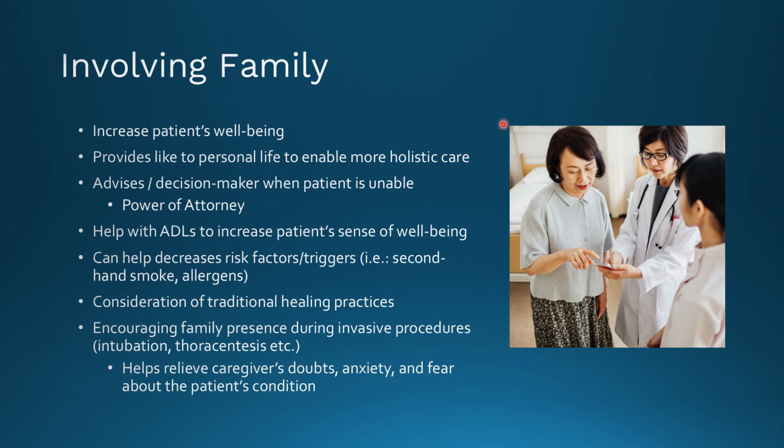So that is when we have something called the power of attorney take over care of that patient. Family may be able to help the patient with ADLs, which increases the patient's sense of well-being. It can help decrease risk factors, so they may help the patient stop smoking or may help decrease allergens. Consider traditional healing practices. Other cultures have different kinds of healing practices that they do use.